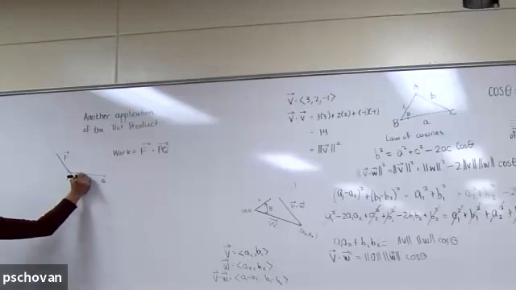The force acts on P, moves it down here to point Q, and the work is the dot product between the force and the distance.